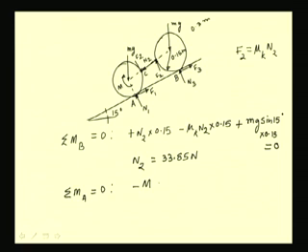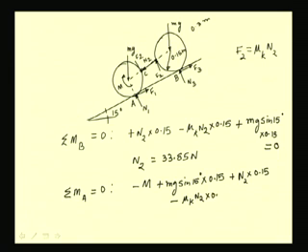So, we have minus M, then the moment of this weight mg about this point A. So, we have plus mg sin 15 degrees, the moment arm for the same is 0.15 meters, plus N2 times 0.15 minus mu k times N2, which is the frictional force F2, times 0.15 equal to 0.